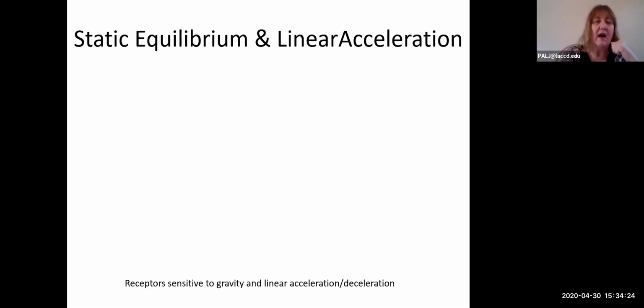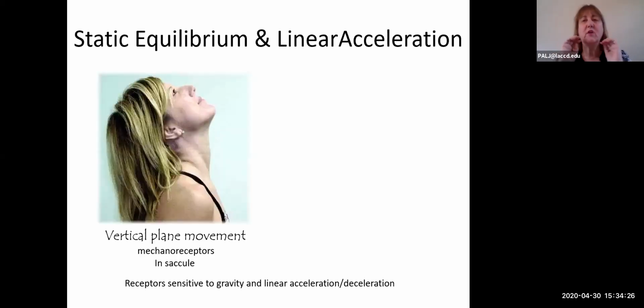When we are talking movement in the vertical plane, as if you were looking down at your shoes or up at the sky, just think of saying yes, not that you're moving, but you're static. Those are going to involve mechanoreceptors located in the saccule, the little part of the membranous labyrinth that's closer to the cochlea.